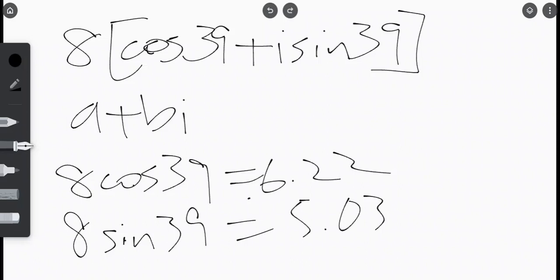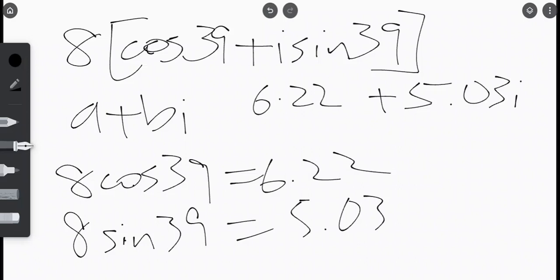This first term up here is a, and the second term is b. So we have 6.22 plus 5.03i. And just like that, we're done.